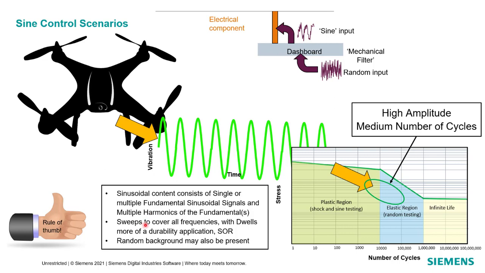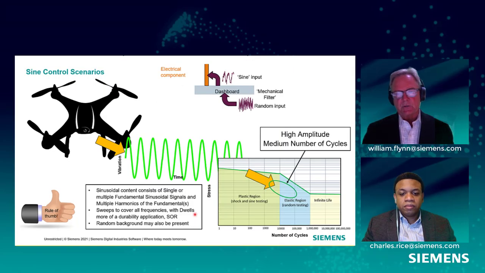The sweeps cover all frequencies, but there are dwells. Sine dwell application is more for durability, where you dwell at particular frequencies. And then there's sine on random, where you have the combined modes application. Sometimes there's some background present in operational conditions, but in this case we're going to consider mainly the sinusoidal and make sure we can apply the sine sweep to generate higher level responses, well above maybe some random background noise that's in the operational conditions.